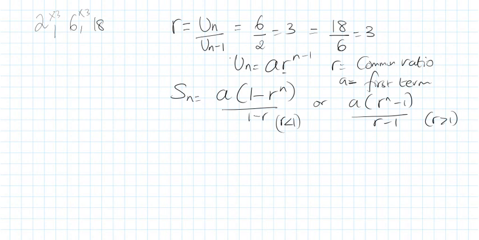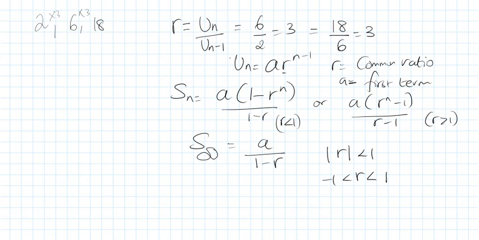All right, and for the geometric progression, you can actually find the sum to infinity in some cases. So sum to infinity is a over 1 minus r for modulus of r being less than 1, which is r being between minus 1 and 1. So if r is between minus 1 and 1, you can find the sum to infinity.